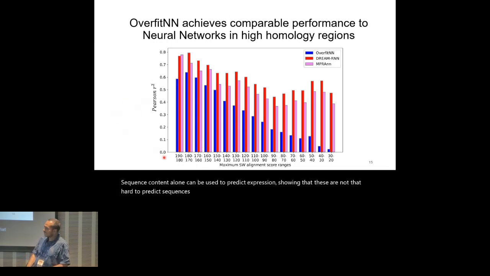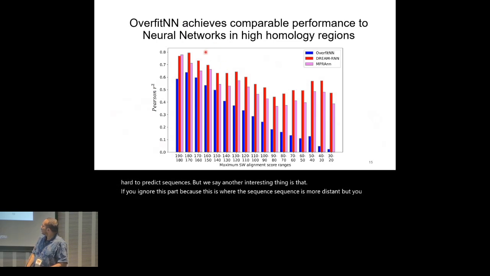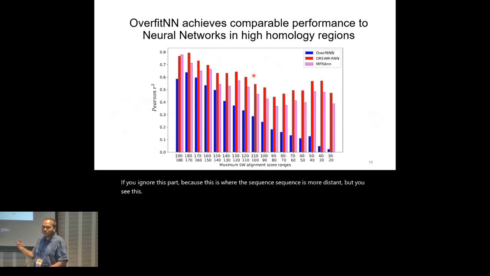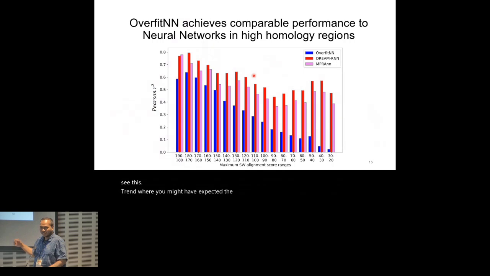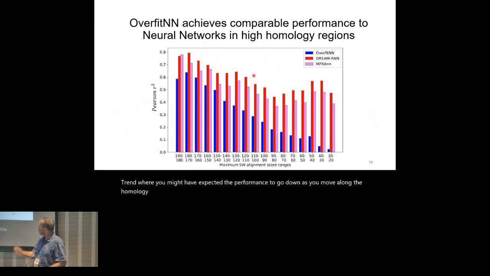But we see another interesting thing. If you ignore this part, because this is where the sequences are more distant, you might have expected the performance to go down as you move along the homology distance bins, but you see this uncanny valley. And this will become relevant a few slides later.